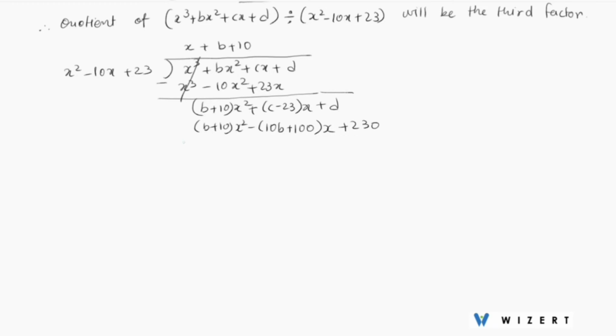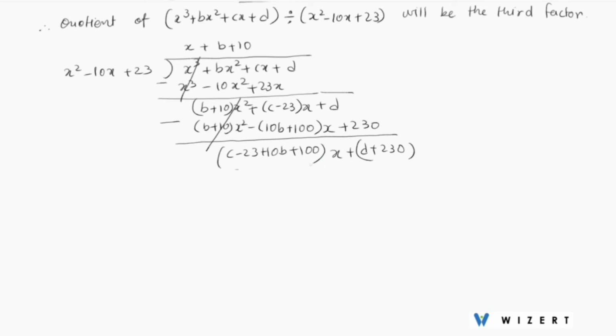So this is the subtraction now. x square term will be eliminated, and we are left with c minus 23 minus of minus 10b, so plus 10b plus 100 x plus d plus 230.